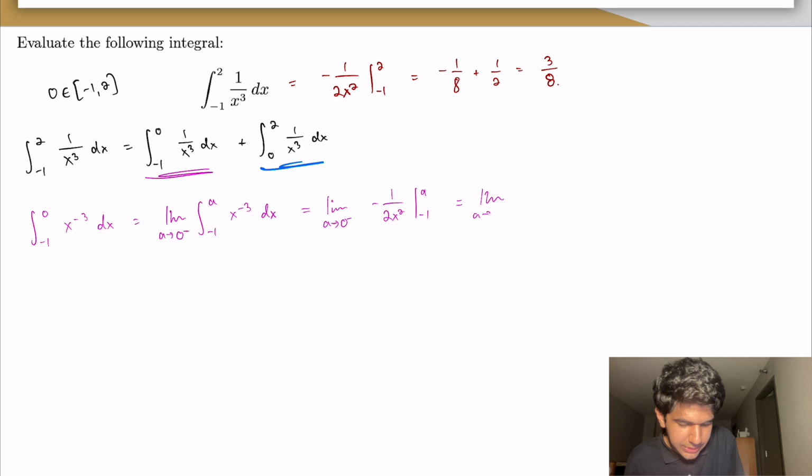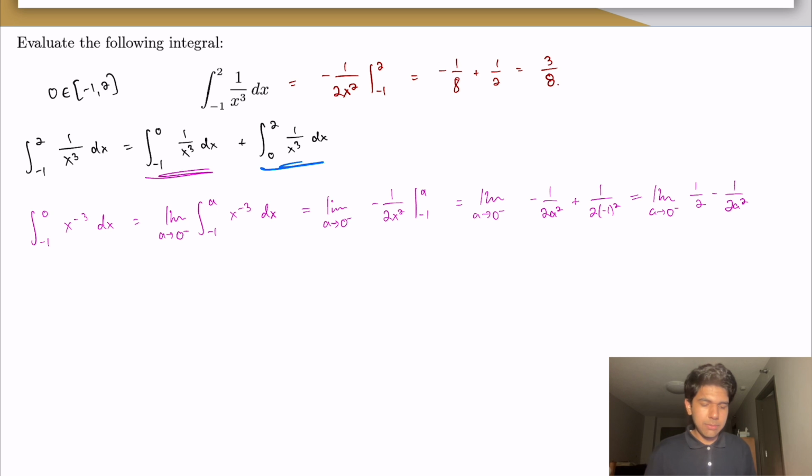Using the fundamental theorem of calculus, we get -1 over 2a squared plus 1 over 2 times -1 squared, which we can rewrite as the limit as a approaches 0 from the left of a half minus 1 over 2a squared.